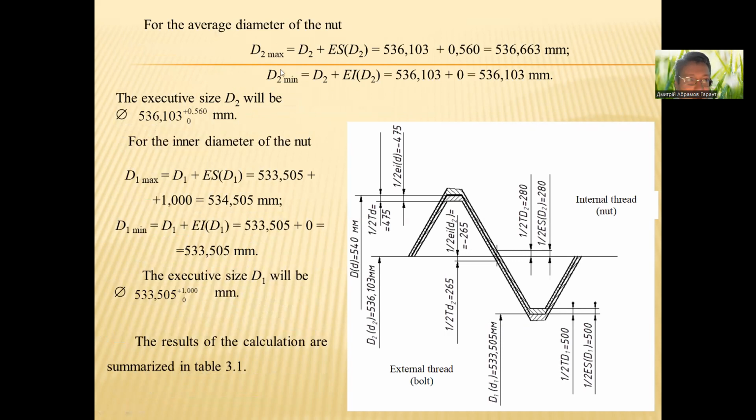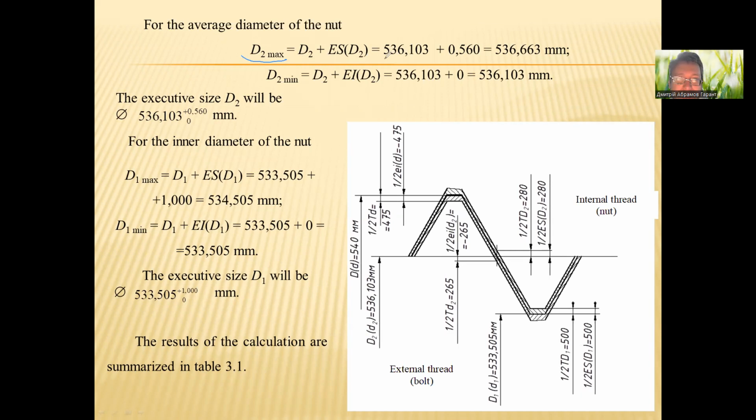On the next slide, we can see the calculation for the average diameter of the nut. For the average diameter of the nut, d suffix 2 maximum, big D for the nut, will be equal to d suffix 2 plus ES, the upper limit deviation of the average diameter of the nut.